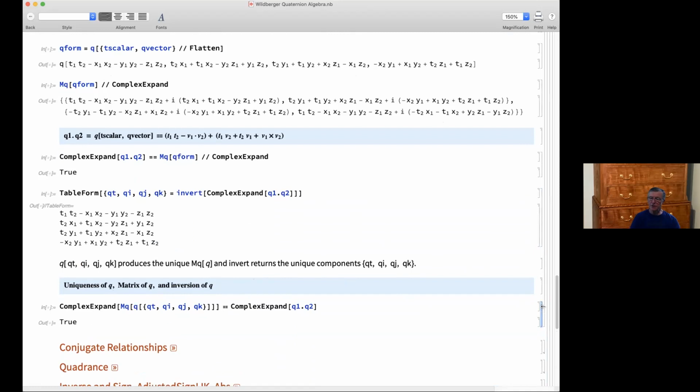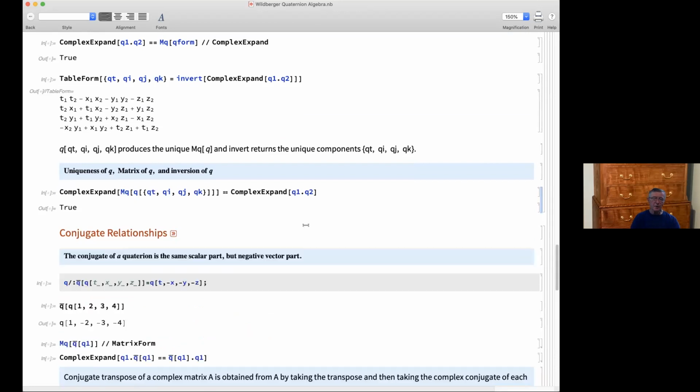So I can show that if I take this quaternion of QT, QI, QJ, and QK with these terms, then I can ask for the matrix equivalent of that. And I can ask, is that equal to the product again? So basically I took the product, I formed the matrix, now I'm taking the matrix, I'm inverting it, and I see whether it gives me back the matrix, and it's true.